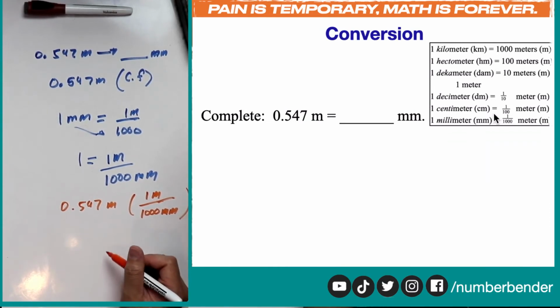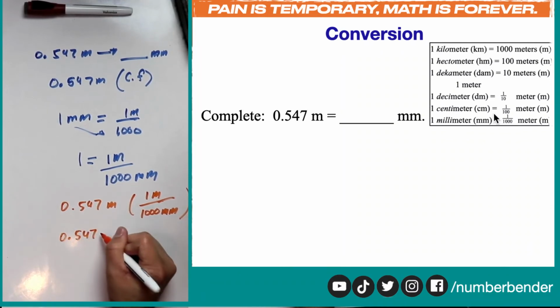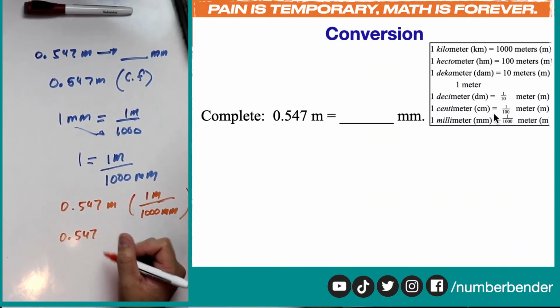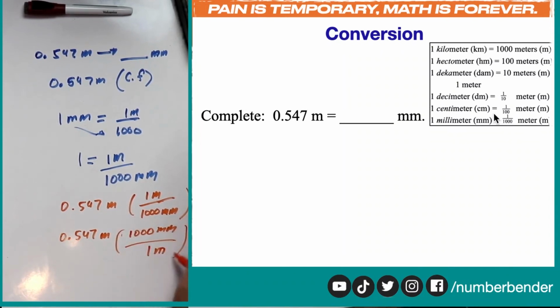By using that method, we're still using a legal move in algebra. By reciprocating this, we'll have 1,000 millimeters over 1 meter, and by multiplying this with its reciprocal, now we're able to cancel the unit of measurement m.